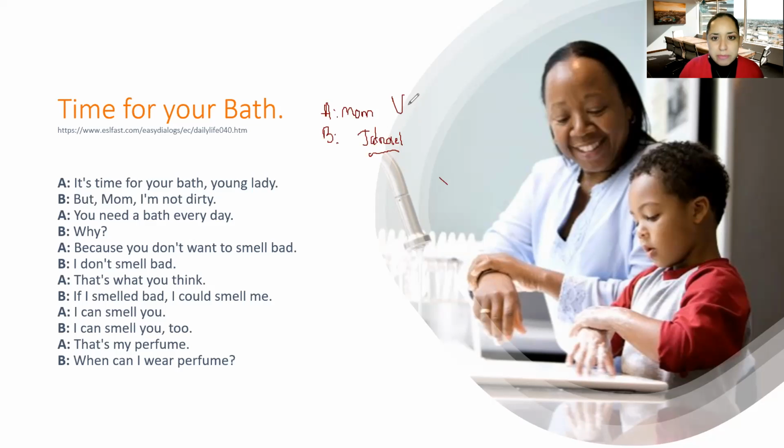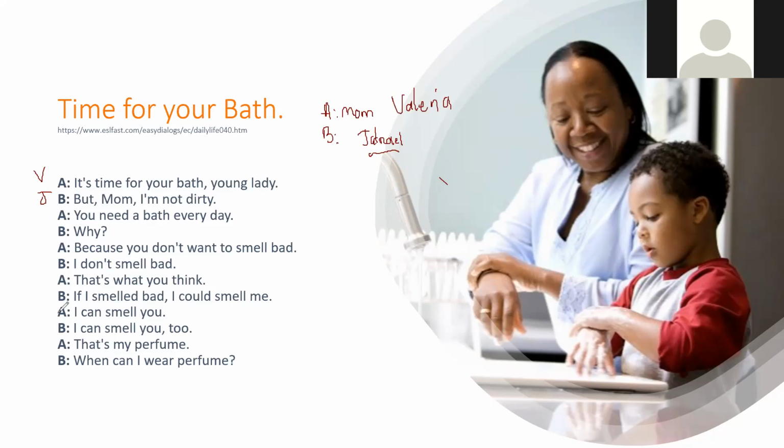So Valeria is going to be A, and then B is going to be Hadnael. We're not going to practice, we're just going to start. Whenever you're ready, Valeria, you start. Yes, I'm ready. Go ahead.